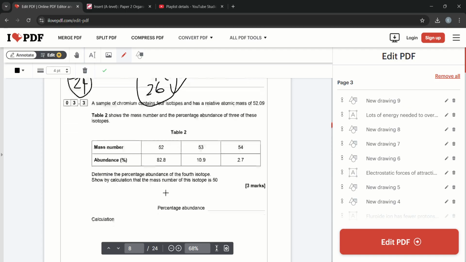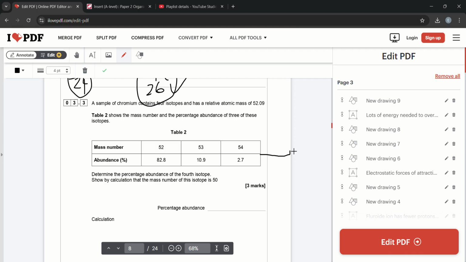3.3, a sample of chromium contains 4 isotopes with the relative atomic mass of this. Determine the percentage abundance of the 4th isotope. Well, let's finish the table off.